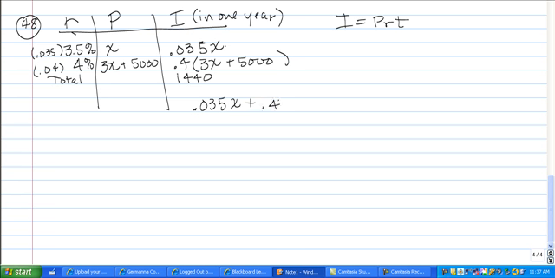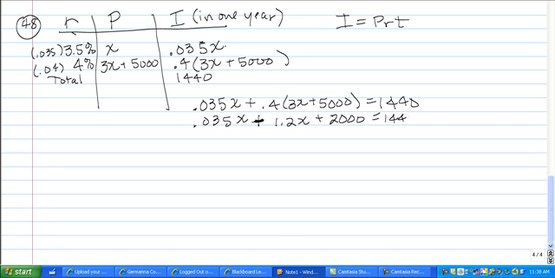Plus 0.04 times 3x plus 5,000 equals our 1,440. And that's going to be 0.12x plus 0.04 times 5,000 is 200.